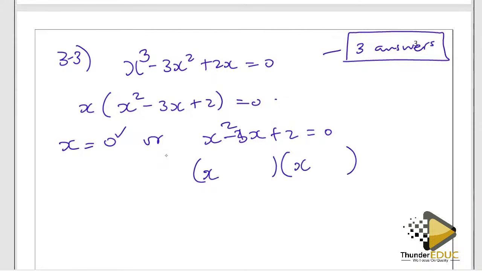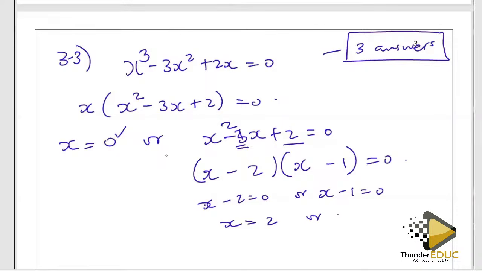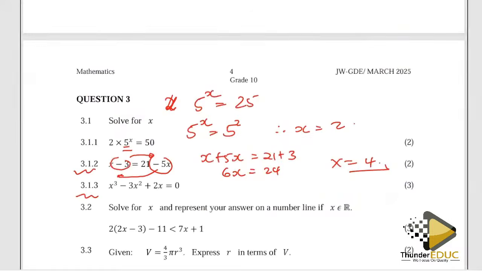For me to get this, I'll have a minus 2 and a minus 1. Okay, my product is a 2, my sum is negative 3. So which means that this bracket, x minus 2, should be a 0, or x minus 1 is a 0, which means x is a 2, or x is a 1. So answer 1, answer 2, and then answer number 3. So those are the 3 answers that we need.